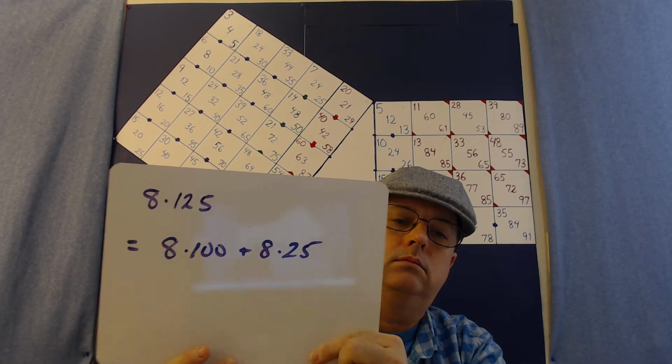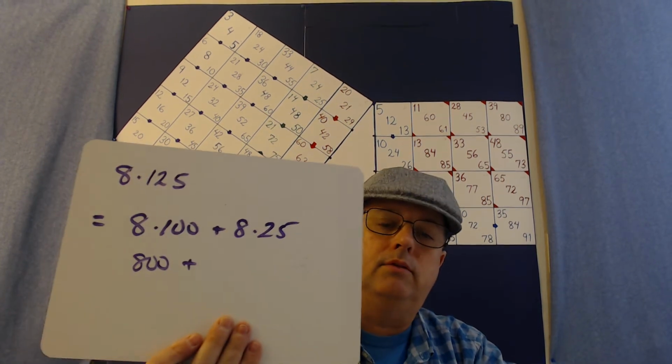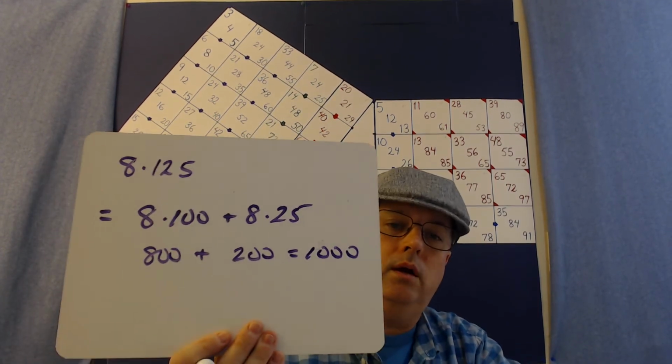Yeah. Okay. And so that's 800. And 25 times 8, well, that's 200. So we have 1,000. Okay. All right, nice conceptual way to think of multiplication there.